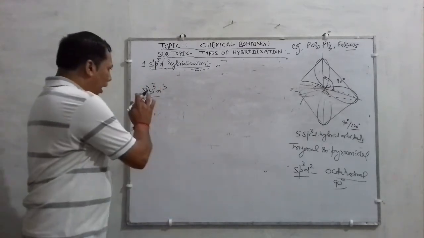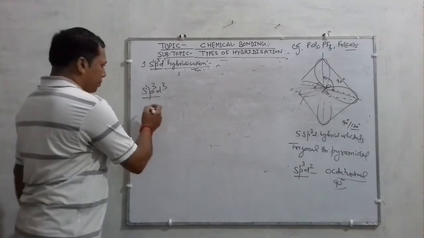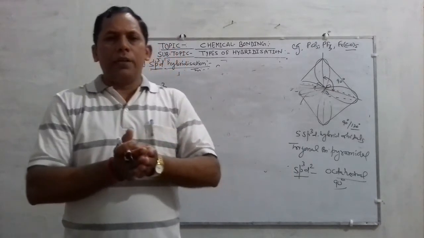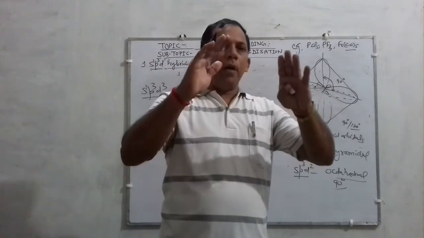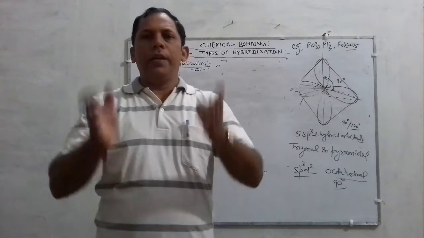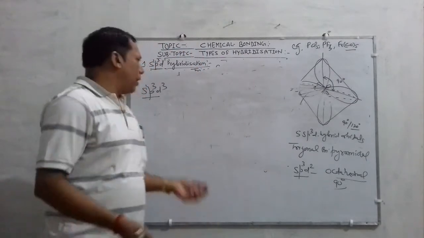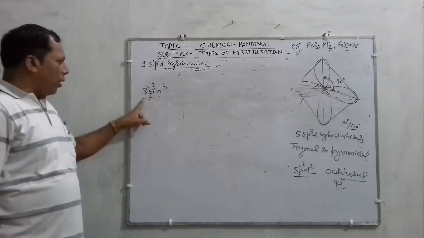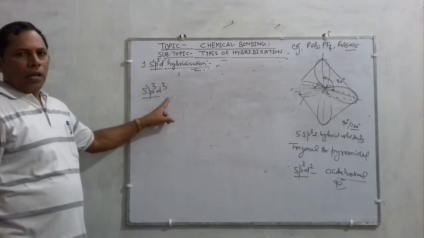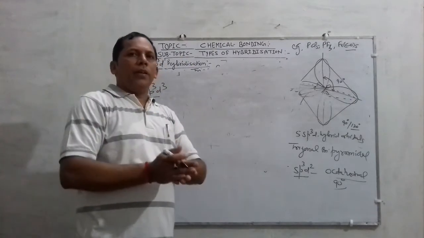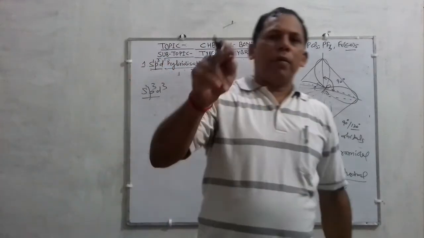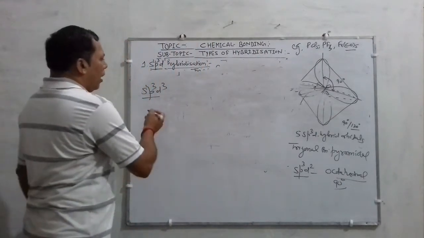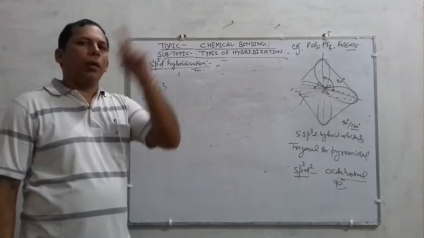In sp3d3, 1s, 3p and 3d orbitals take part, and among the 3d orbitals the dxy, dyz and dzx orbitals take part, leading to the formation of 7 new orbitals.